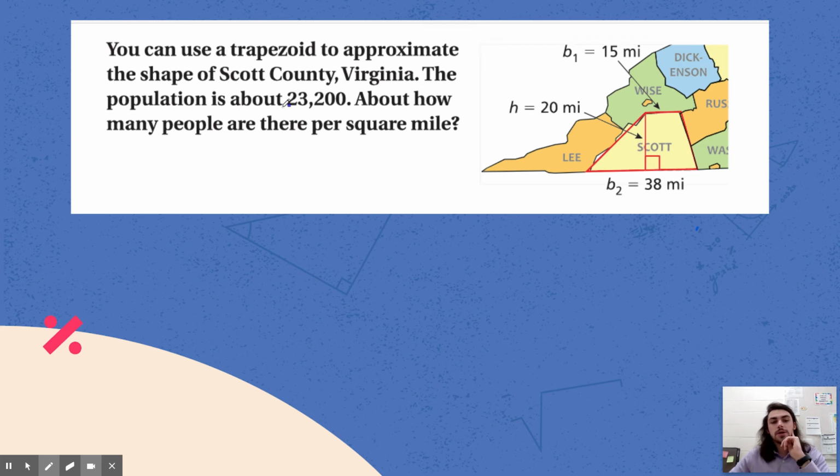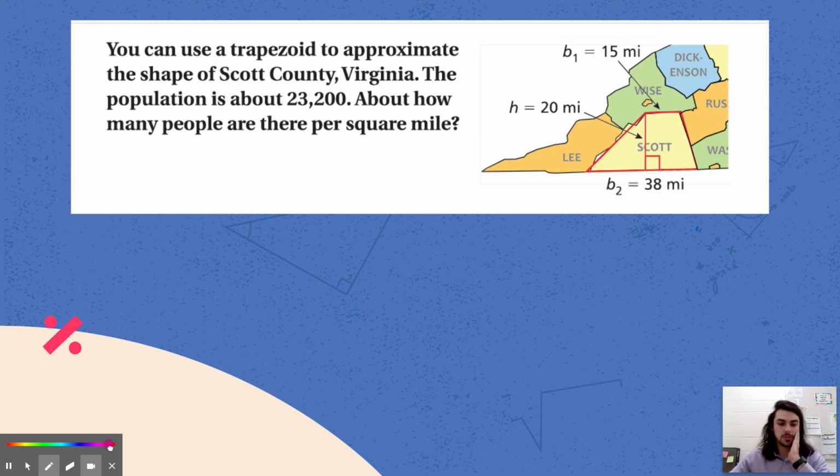The population is about 23,200. About how many people are there per square mile? So first thing we have to do is find the area of the county.